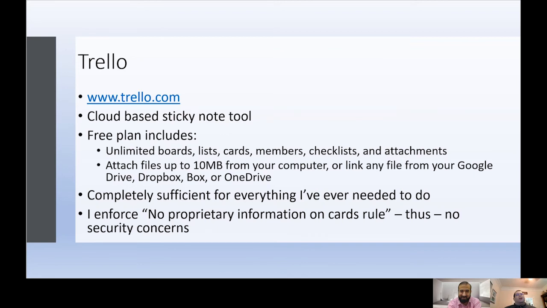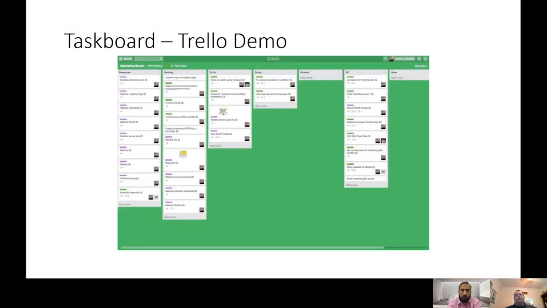So a tool that I'd recommend that you look at, it's not the only tool that does it, but it's a tool that I've had a lot of success with, is Trello. It's a cloud-based sticky note tool. It's free for use. I've never had to use anything that wasn't part of the free portion. I enforce a no proprietary information on cards rule, thus there's no security concerns with it.